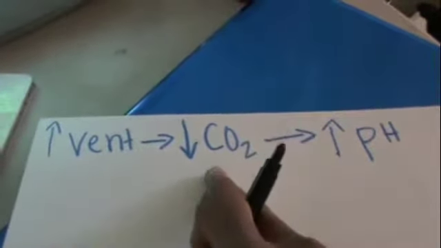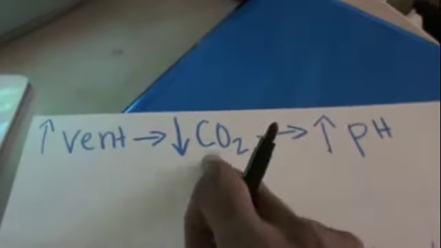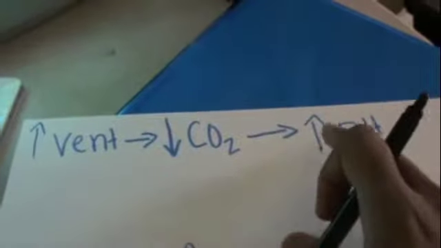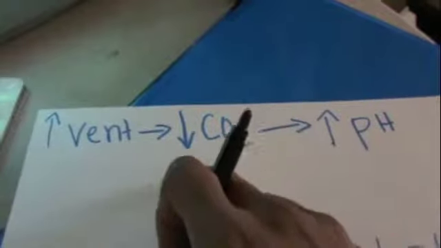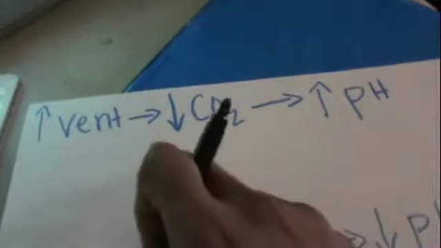So CO2 will go down, and when the CO2 goes down, you know the blood pH goes up. When it's a ventilation problem, the CO2 and the pH are pointing in different directions. They are opposite to each other. So if the CO2 drops, pH goes up.